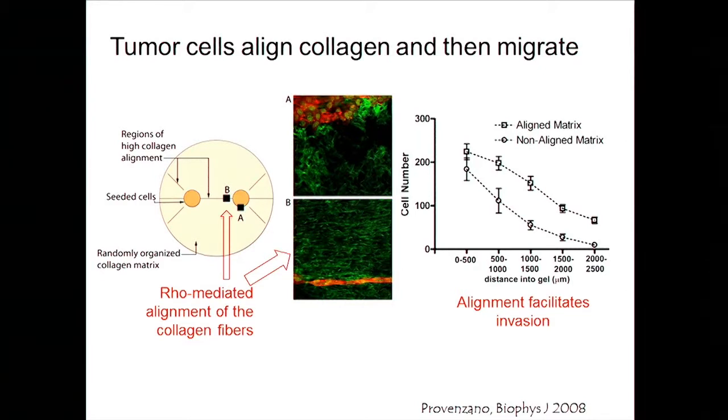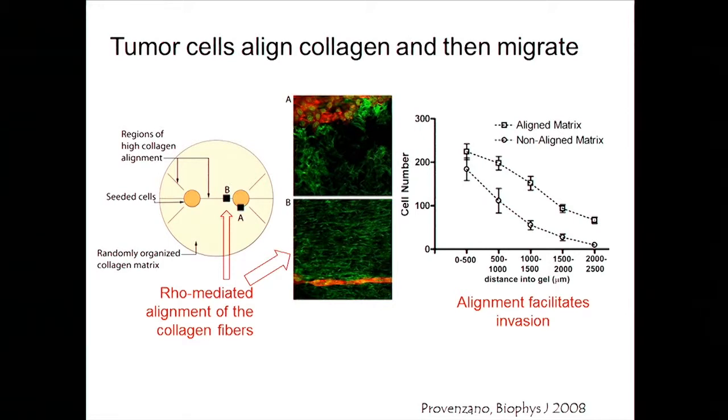We can take a collagen gel, and this one's a compliant collagen gel. We can take either tissue biopsy punches or cell-seeded collagen gels and put them in this collagen gel. And the cells will actually align the collagen in between the two plugs. They pull on the collagen just like Boris's daughter pulled on the candy to be able to open it.